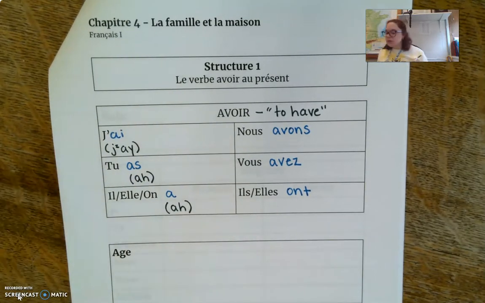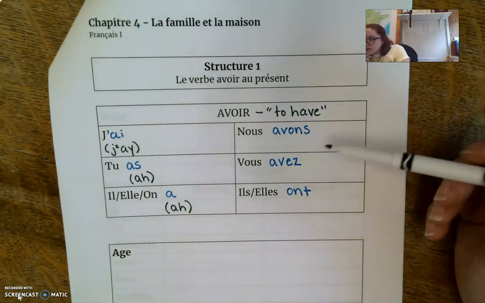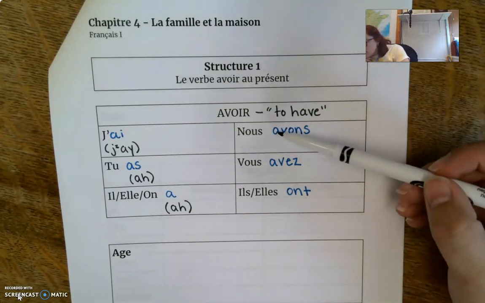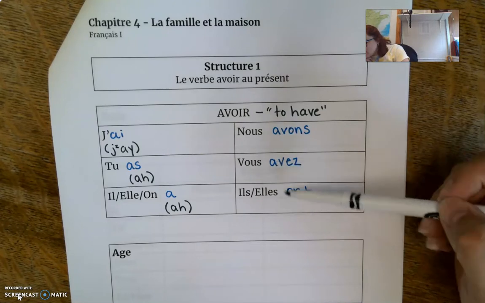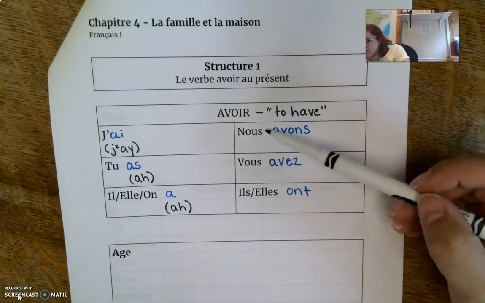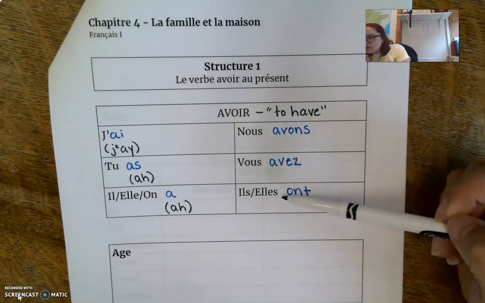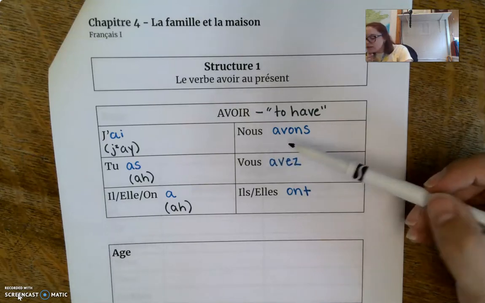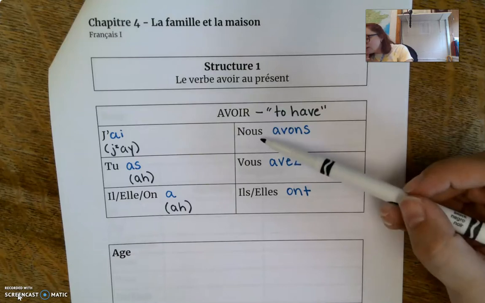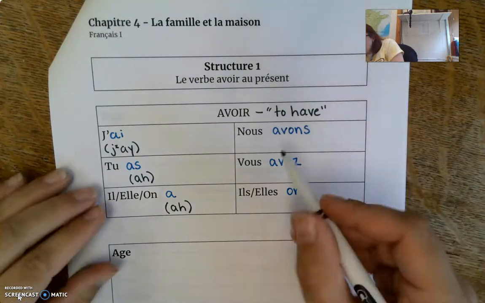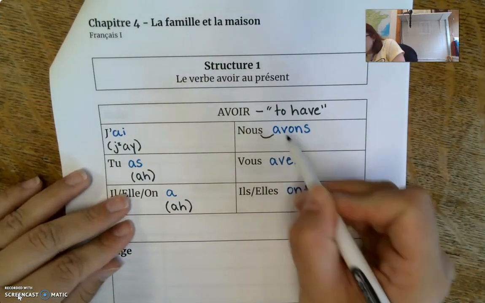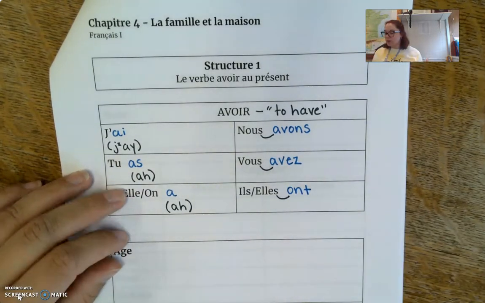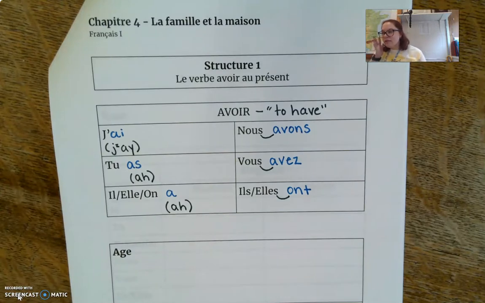And so I wanted to demonstrate here that in the plural forms, all of these start with a vowel where the pronoun before it ends with an S. And so what we're going to have is called liaison, where that S sound that normally would be silent travels over to meet with that verb.